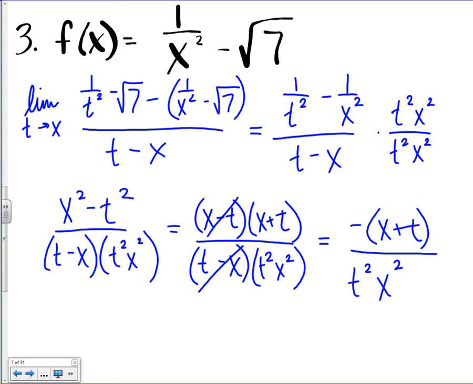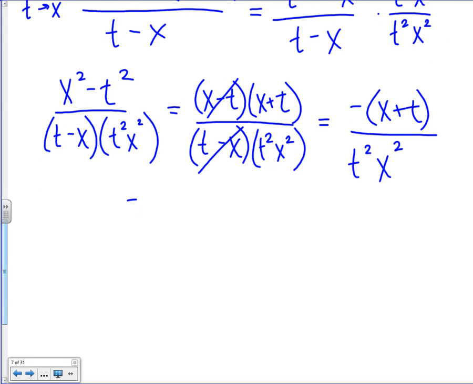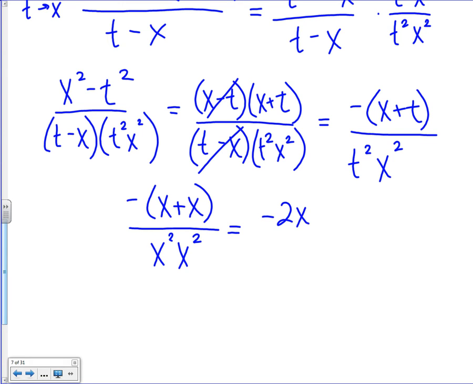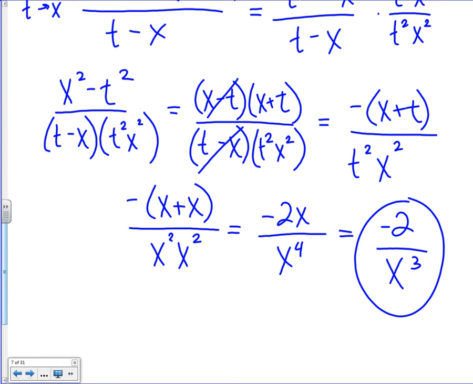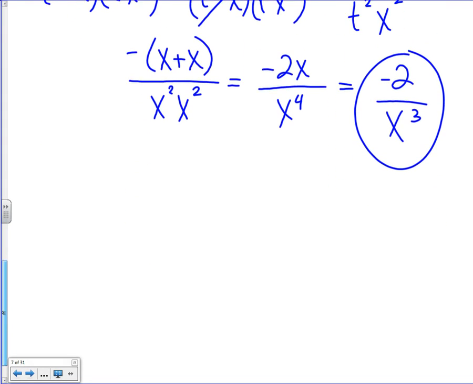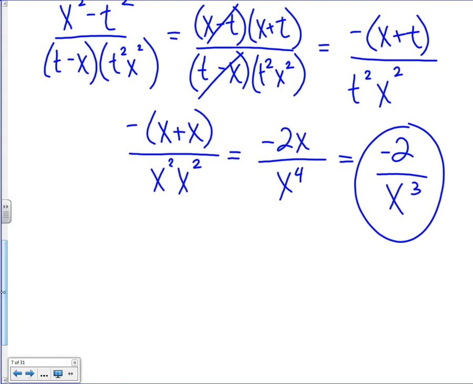And now we can let t approach x. And it looks something like that. After simplifying, here is my derivative.